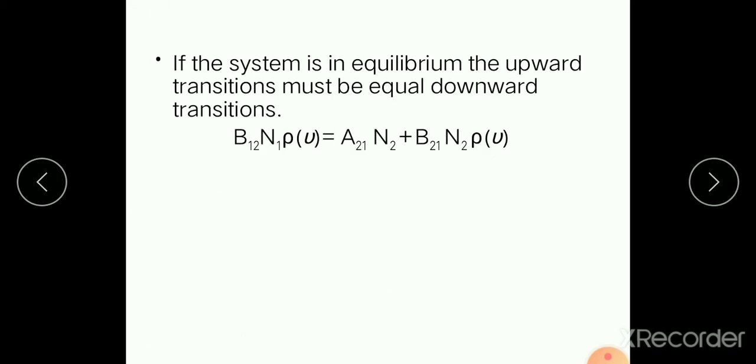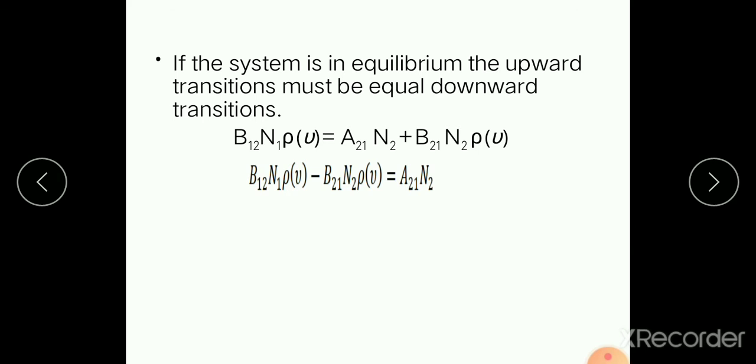If the system is in equilibrium, the upward transition must be equal to the downward transition. It means, from the last two slides, B12 N1 rho of nu is equal to A21 N2 plus B21 N2 rho of nu.